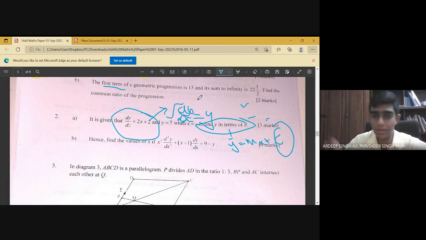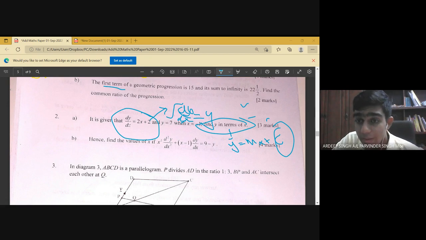Now you will see my explanation from on top here. Hope y'all can see this. So as you can see, I put dy dx is 2x plus 2 and y is equal to 7 when x is equal to minus 1. So I will integrate dy dx is equal to y.